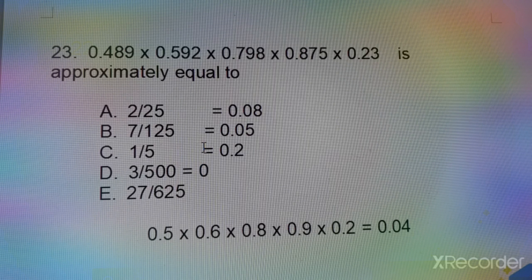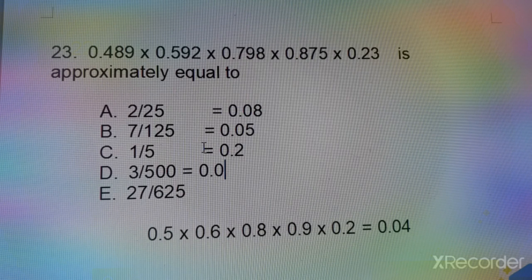Add 0 to your 3, add a decimal point. 30 divided by 500 is still none, so 0. Then add another 0. 300 divided by 500 is still 0. So far from your 0.04.